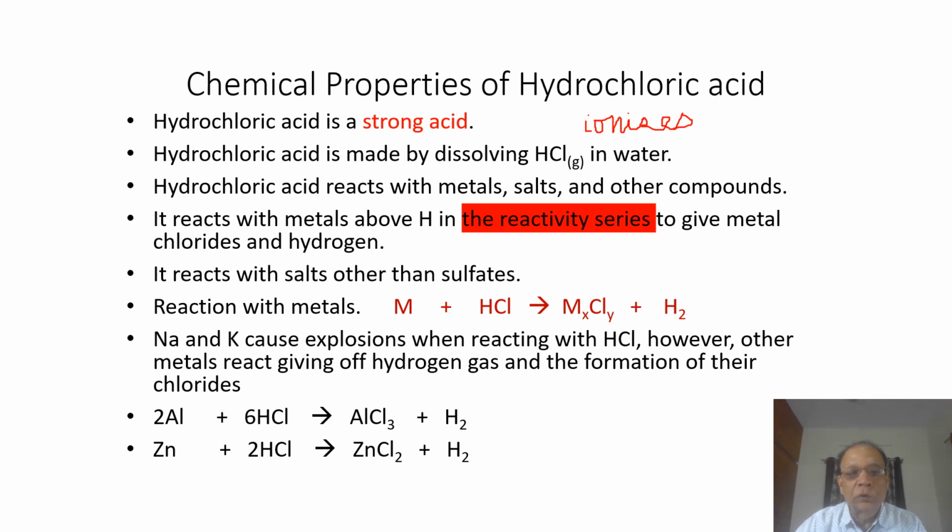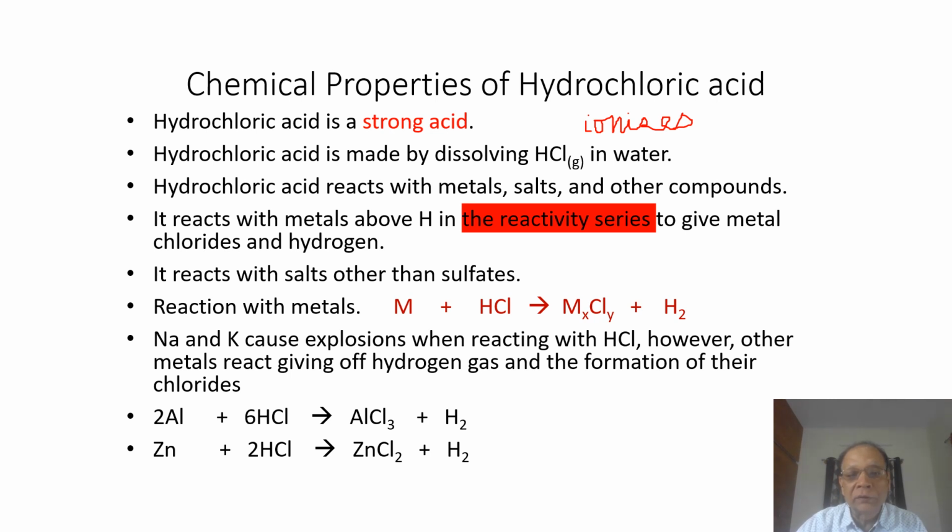It reacts with salts other than sulfates, since sulfate is at the top of the reactivity series among the radicals, and chlorine lies below it. So chlorine cannot displace sulfate from their salts. And this is the reason why HCl is not used for preparing sulfuric acid. Sulfuric acid is used for preparing HCl, but HCl is not used for preparing sulfuric acid.